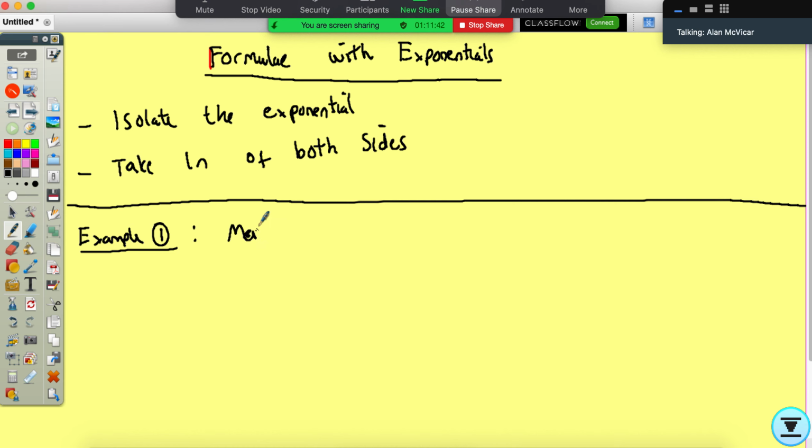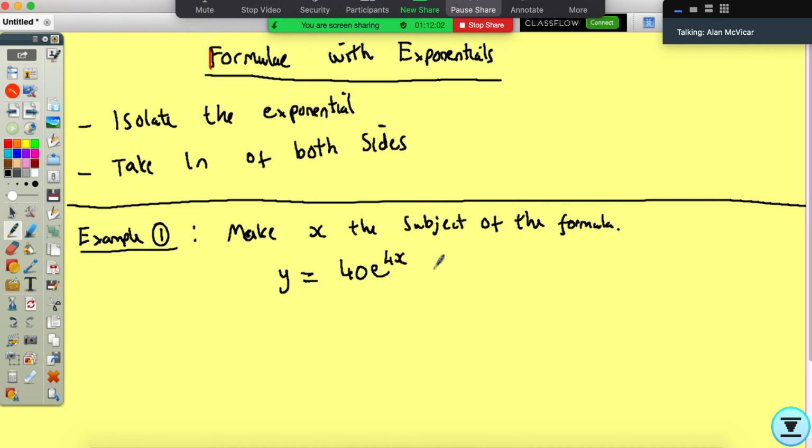I'll just make x the subject. y equals 40 e to the power of 4x.